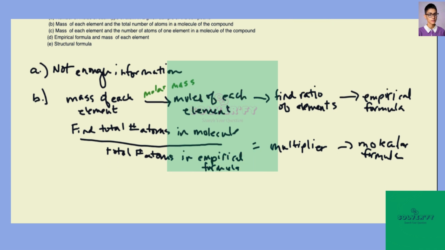Similarly, if you have the mass of each element and the total number of atoms of only one element, we can still use that to find the ratio of the empirical formula to molecular formula. So C also gives us enough information. Follow the same steps to find the empirical formula. And then we can find the ratio between the number of atoms of one element in the empirical formula and the atoms of one element in a molecule.